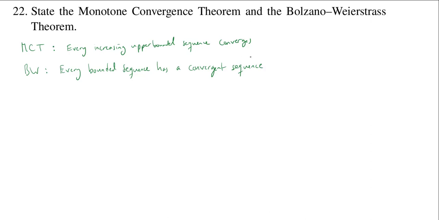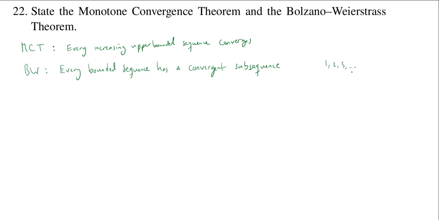Oop, we missed sub. Let's move that over. If you don't have the bounded, then you can have a sequence like 1, 2, 3, etc. And there's no subsequence of that that'll converge. But once you have bounded, you will get a convergent subsequence. Okay, that was so much nicer.